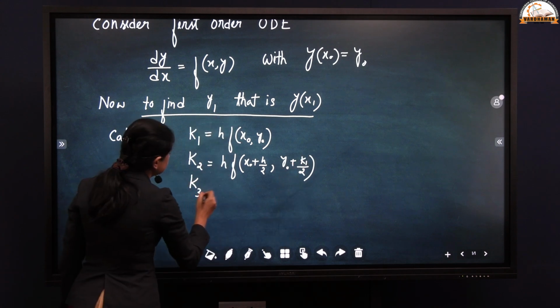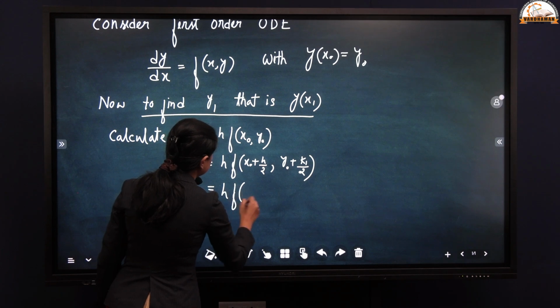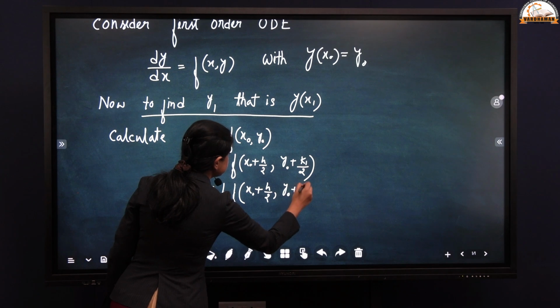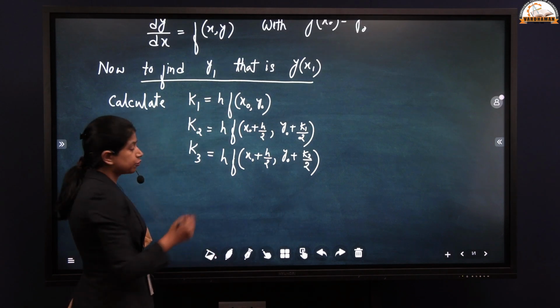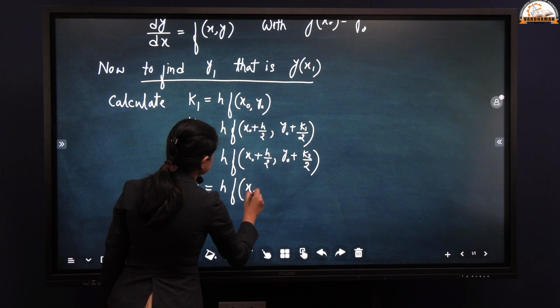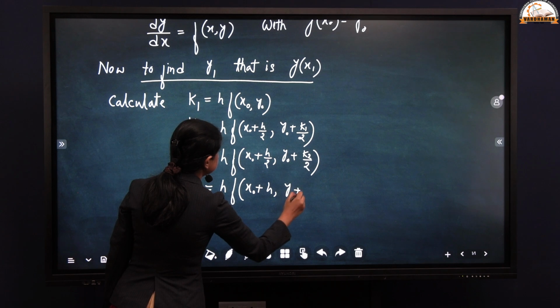We will find k3 as h f of x naught plus h by 2, y naught plus k2 by 2, and k4 is given by h into f of x naught plus h, y naught plus k3.